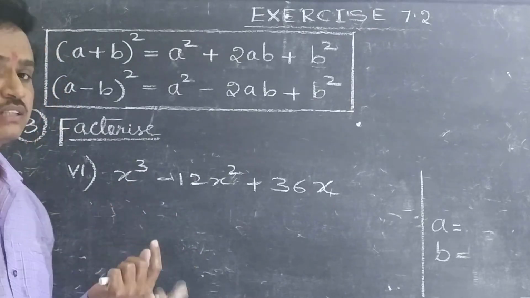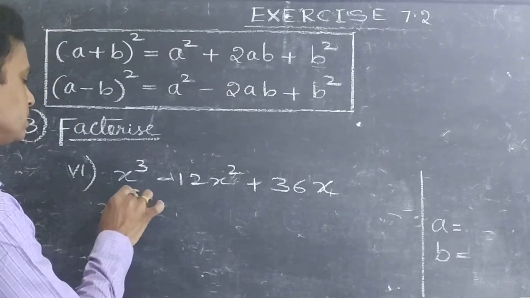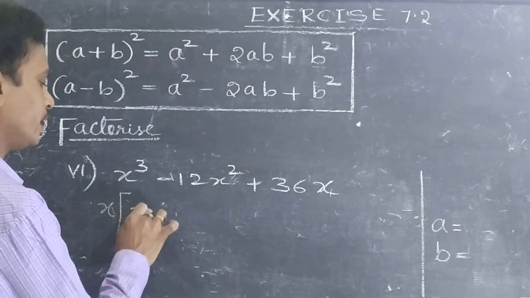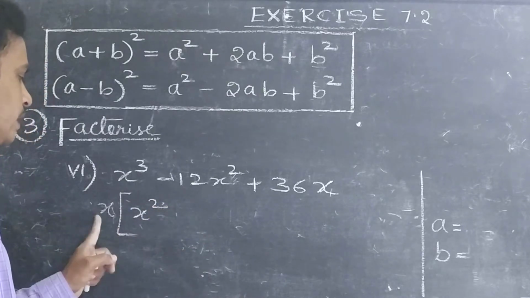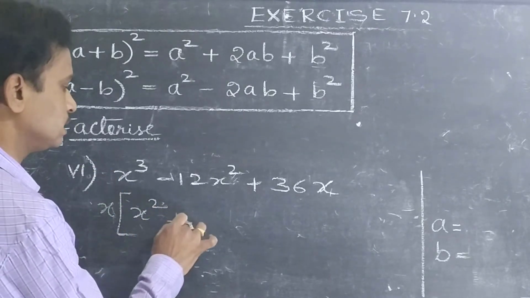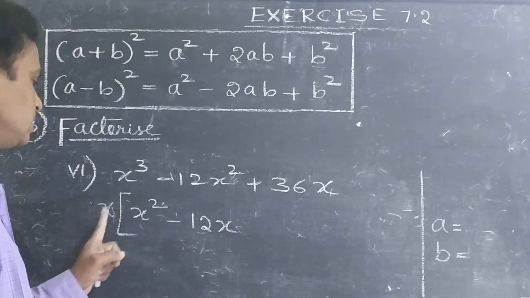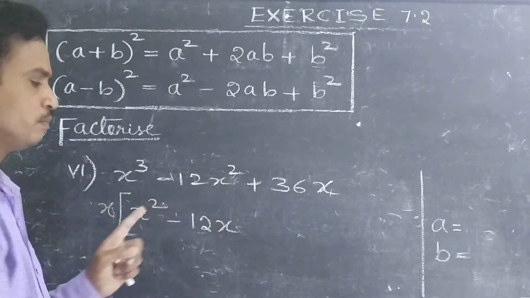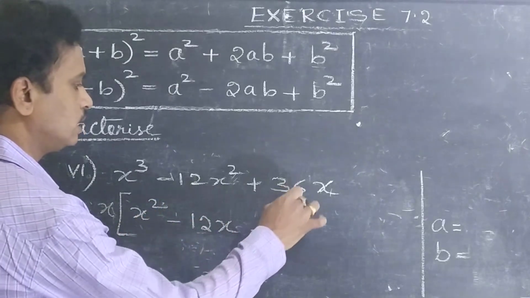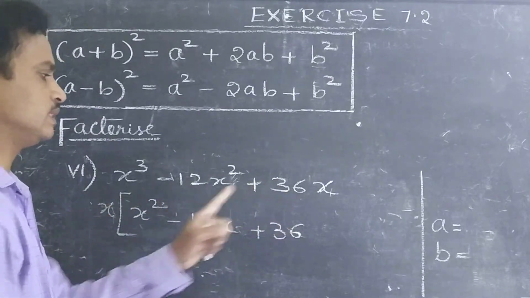We should take x common, x outside the bracket. x into x square will become x cube. Then minus 12 into x, it becomes 12x square. Plus 36 into x is 36x.